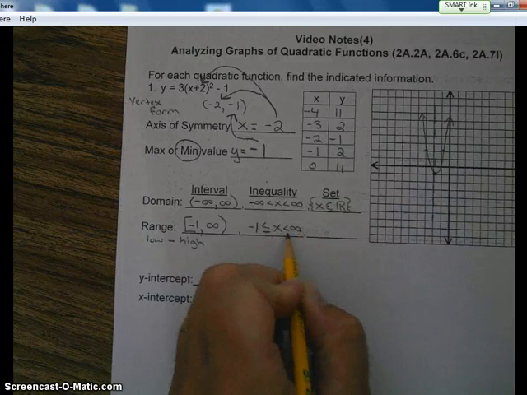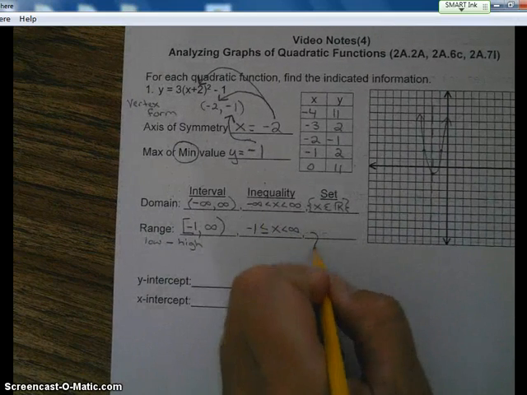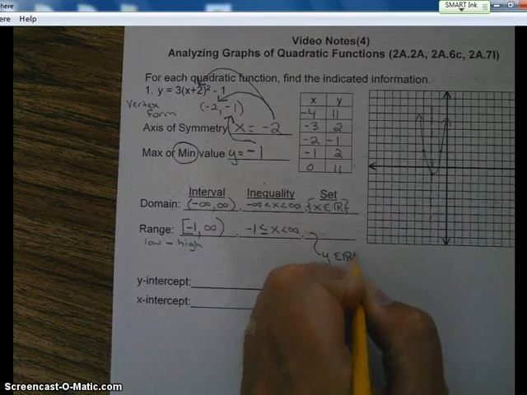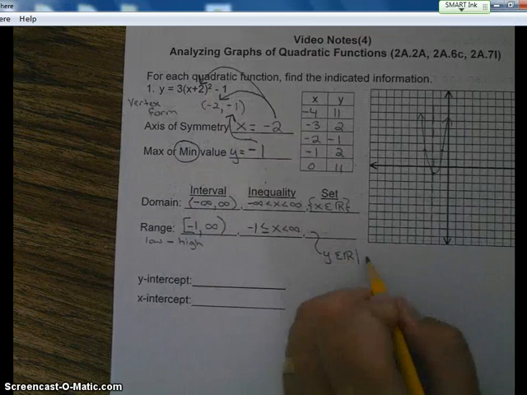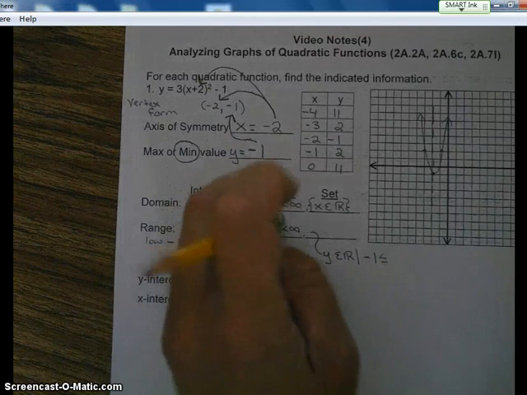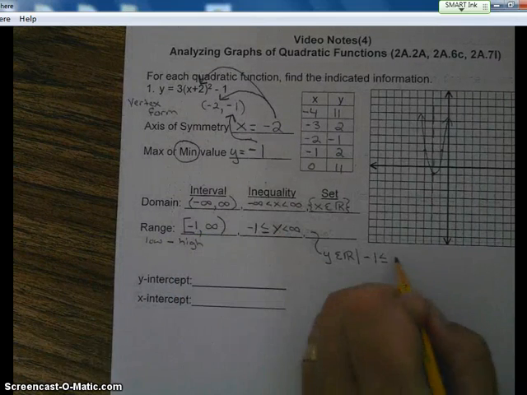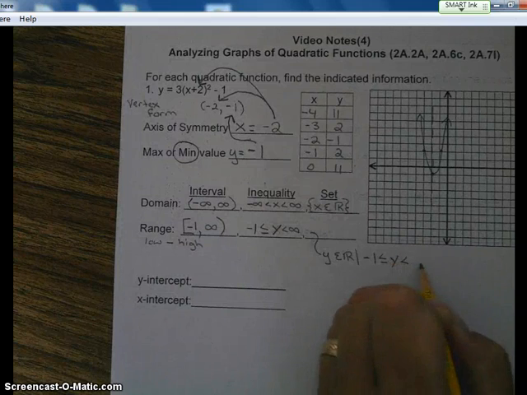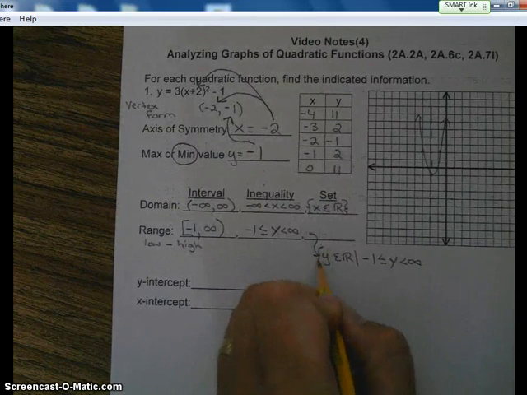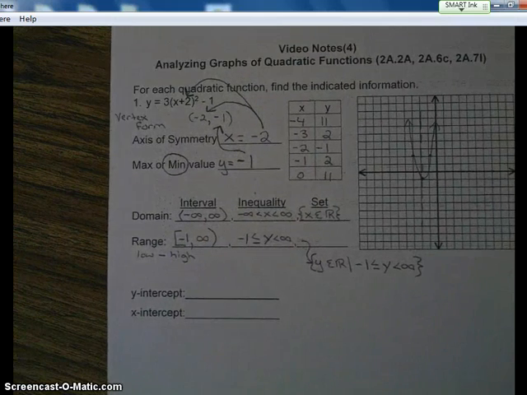No equal sign for infinity. Set notation, let's go down here where we have a little more room. y is an element of all real numbers such that, and then we do have to write this condition in. And I used the wrong letter because I'm hungry and I'm getting ready to go have lunch. There we go. Nice excuse, Mr. Kramer.